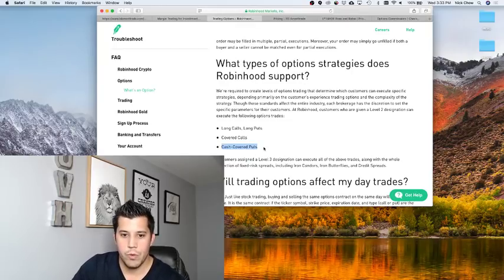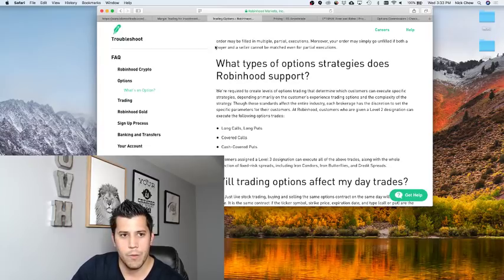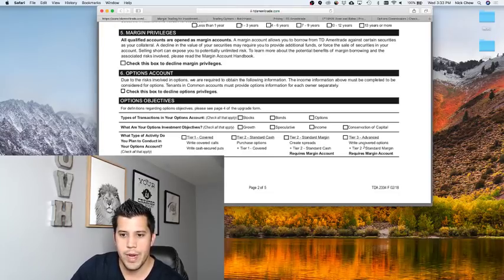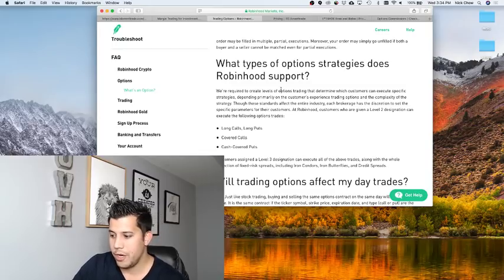You're not going to be short the stock, because Robinhood doesn't allow you to short stock. That's why it has cash covered puts: you have to have the cash in your account to back it up as collateral. One thing I did want to cover is that Tier 3 allows you to write uncovered options with a margin account, and that means naked options selling, which, if you're a beginner trader, you definitely probably shouldn't do. It's pretty high risk.